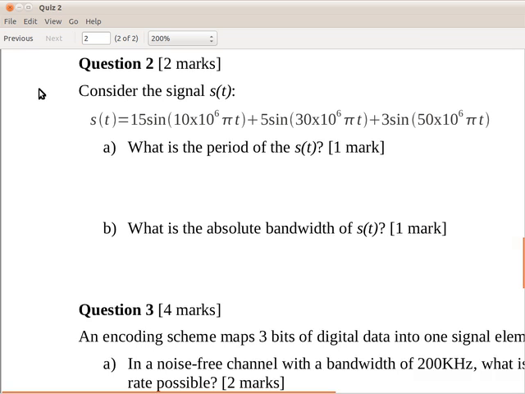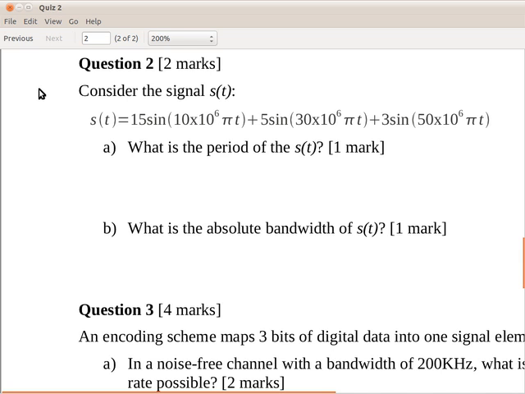Here's another signal. What's the period of that signal? And what's the absolute bandwidth of that signal? Maybe the absolute bandwidth will be easier for you to calculate because it's similar to what we just did there. Try that. So maybe try part B first.